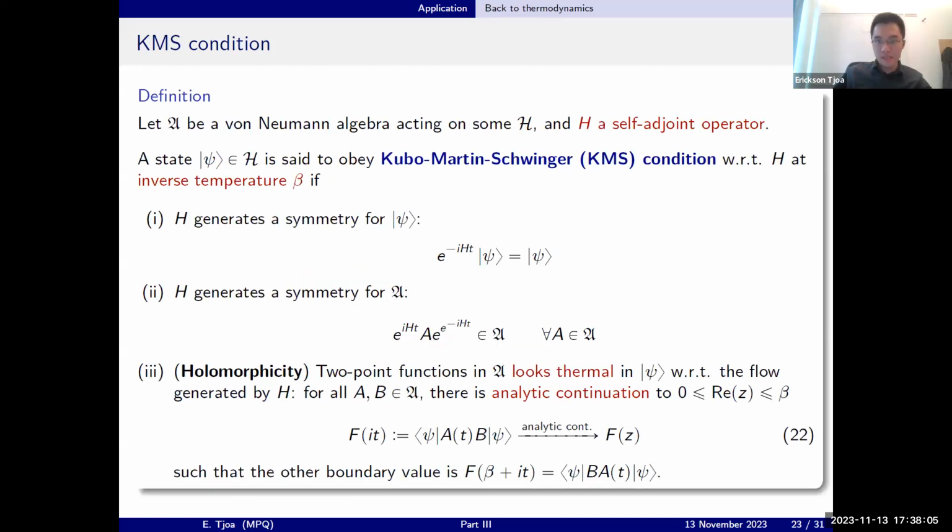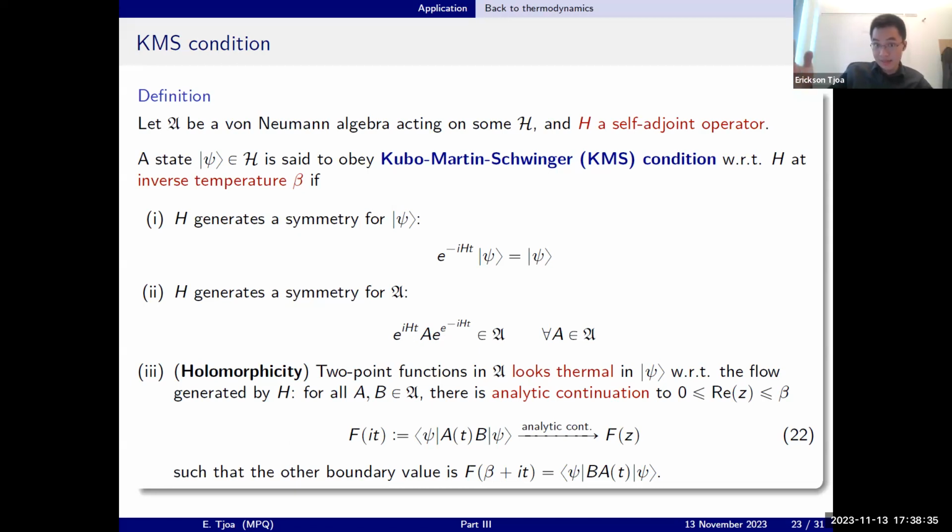And this is the statement of the KMS condition that you might have heard of in quantum thermodynamics, which is that if I give you a von Neumann algebra, some Hilbert space, and H is some self-adjoint operator, which you might think of as a Hamiltonian, but it doesn't have to be, then a state is KMS with respect to H at inverse temperature beta if, first, H generates the symmetry of the state.